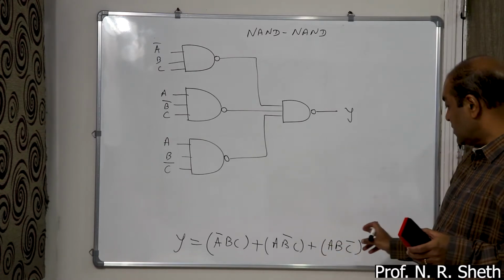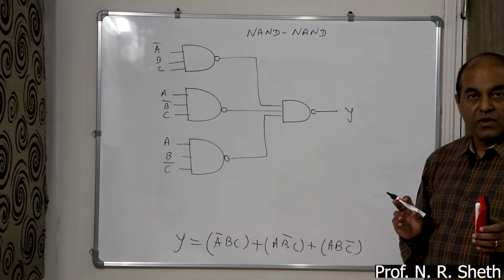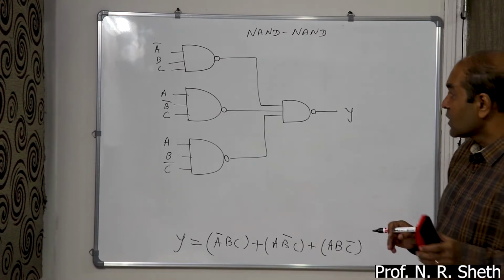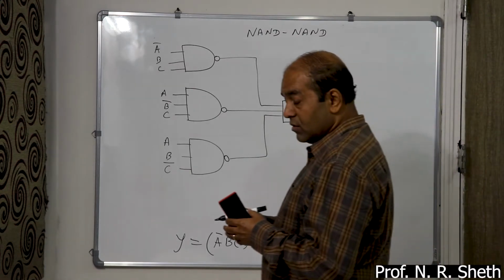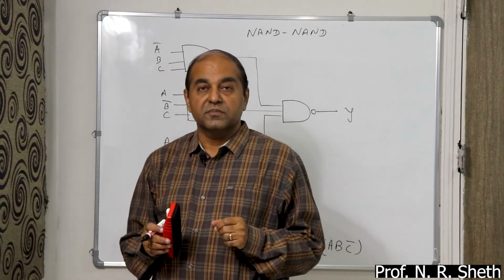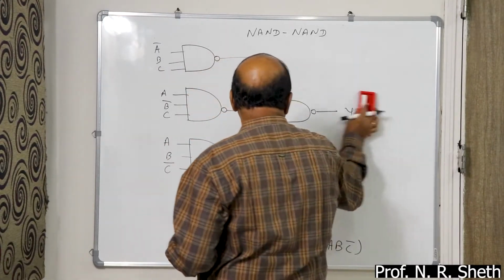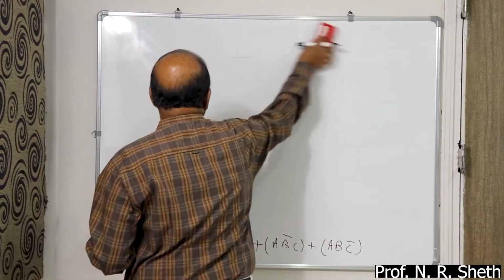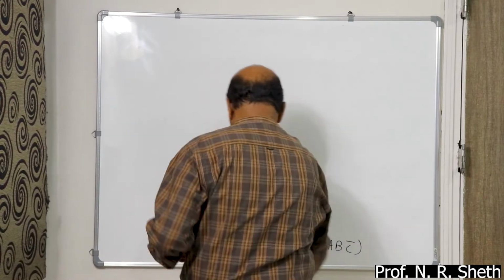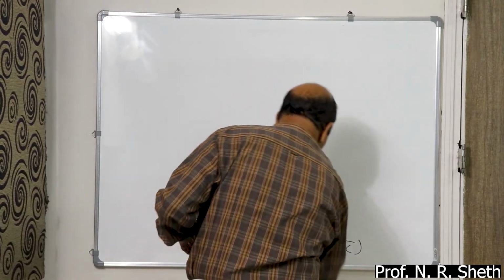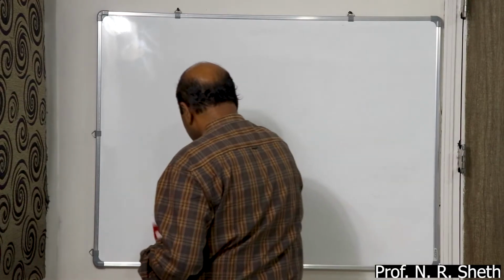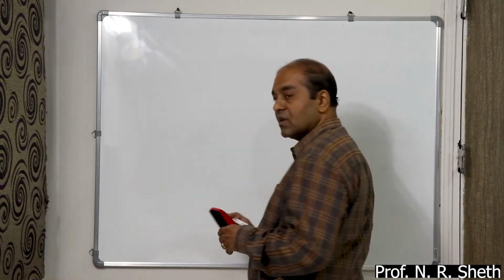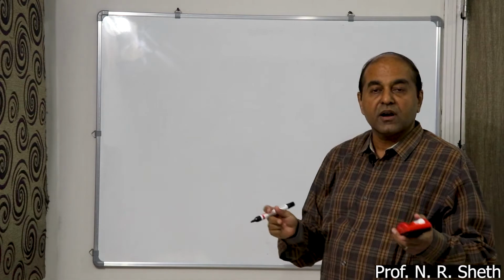A B bar C plus ABC. Okay. Now 4 variable. Question asked in the following way. Obtain the sum of product equation for the following given condition.